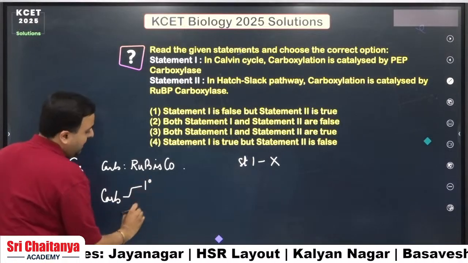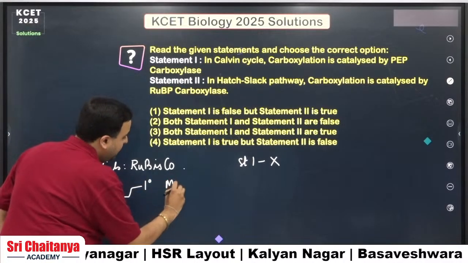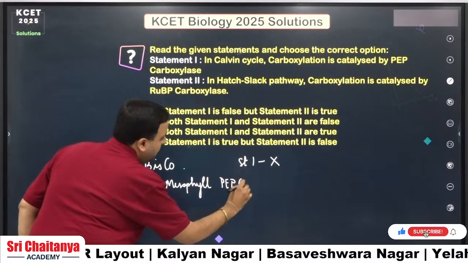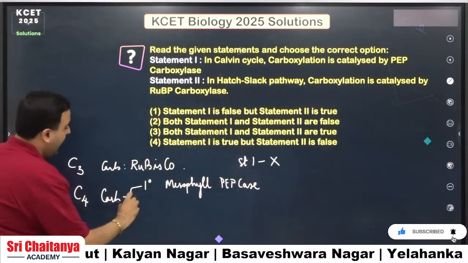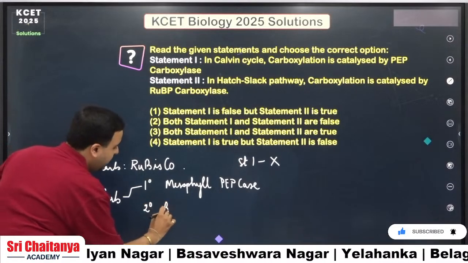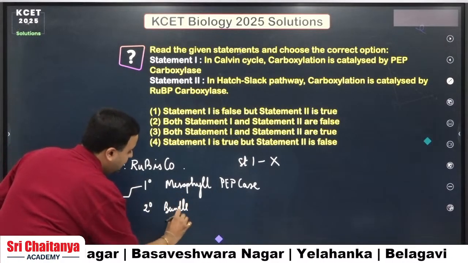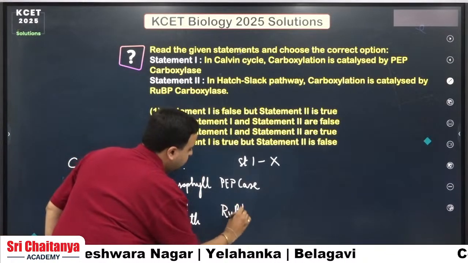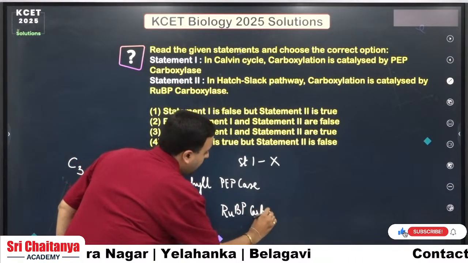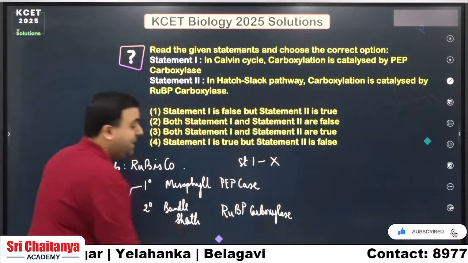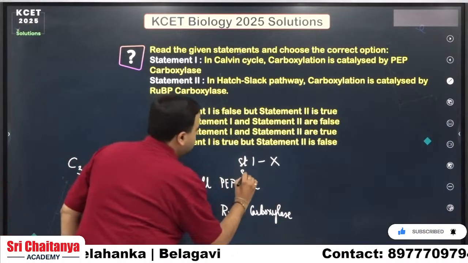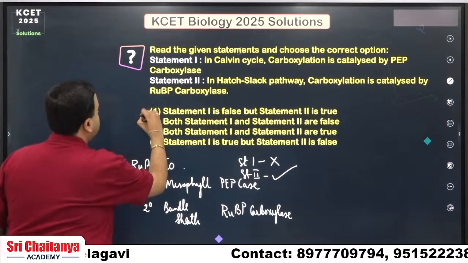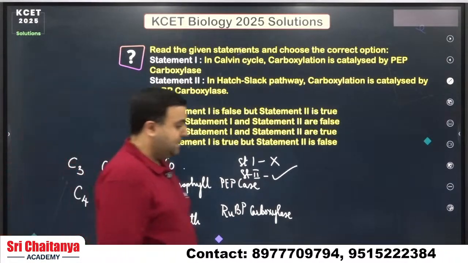One is the primary carboxylation, which happens in the mesophyll cells, that is by the PEPcase enzyme, and the secondary carboxylation is going to happen in the bundle sheath cells and is catalyzed by the enzyme RuBP carboxylase. Therefore, statement 2 becomes correct. So hence, first option is going to be the correct answer.